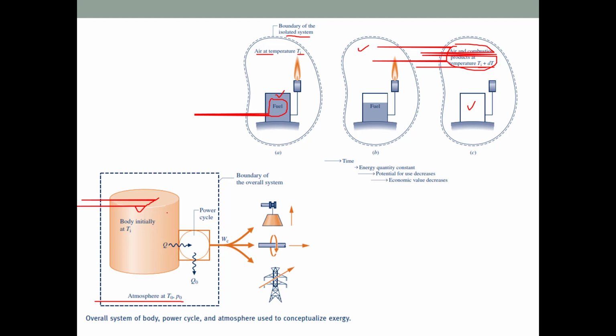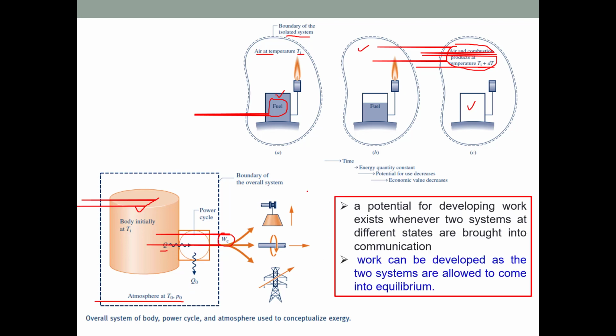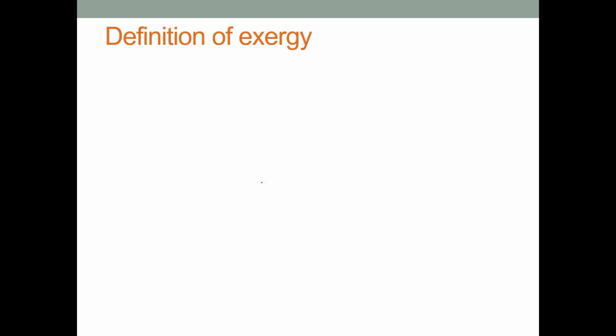Now in order to get some useful work from this system and surroundings, you must have some heat engine or a power cycle. That heat engine will take heat Q from that system, then it will convert that heat into some useful work WC, right? And one part of the heat will be given to the surroundings, right? So the surrounding is a must for getting any work potential, right?